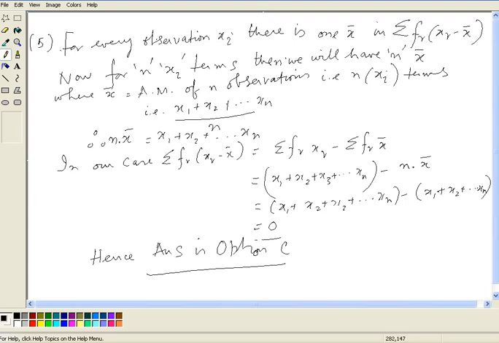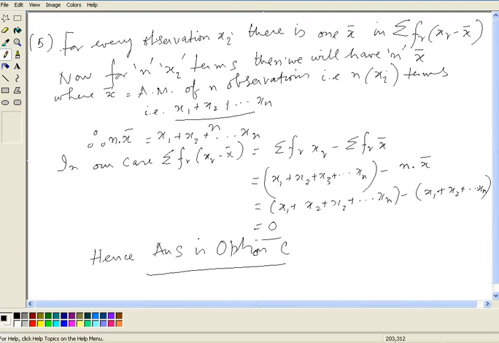Now for n xi terms, that is, there are n observations, there will be n such terms, then we will have n x bar in the expression, where x bar is nothing but the arithmetic mean of n observations, that is x1 plus x2, etc., up to xn by n.